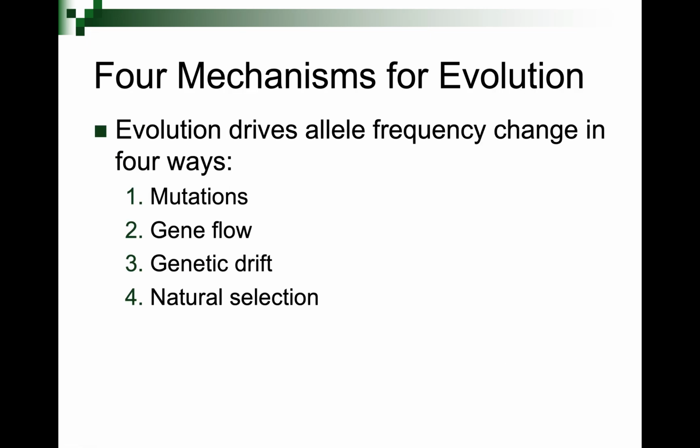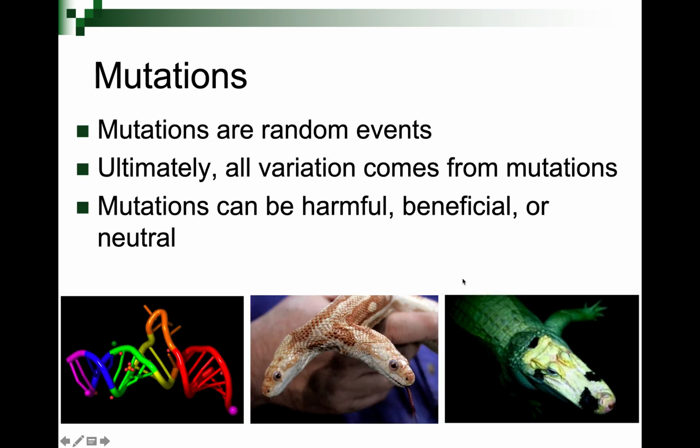But there are other major mechanisms of evolution that we need to talk about as well. Evolution is what's going to be driving the allele frequencies in these 4 ways: mutation, gene flow, genetic drift, and natural selection. Let's talk about each one of these.